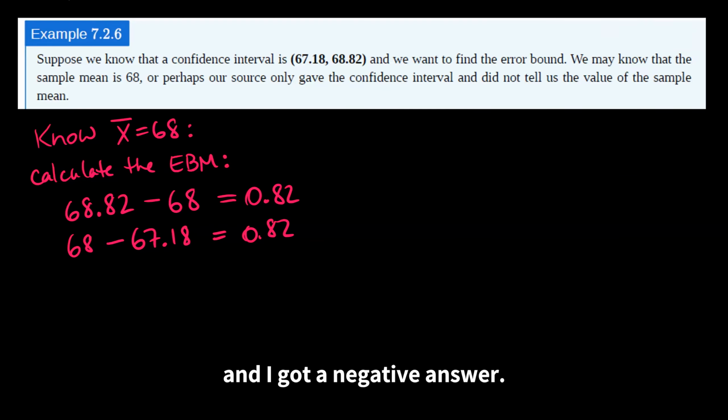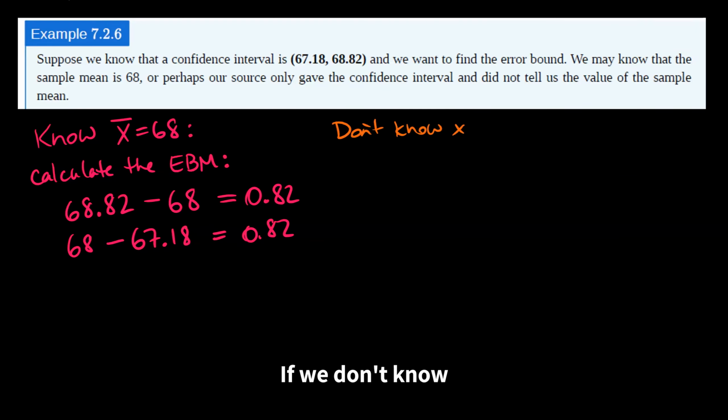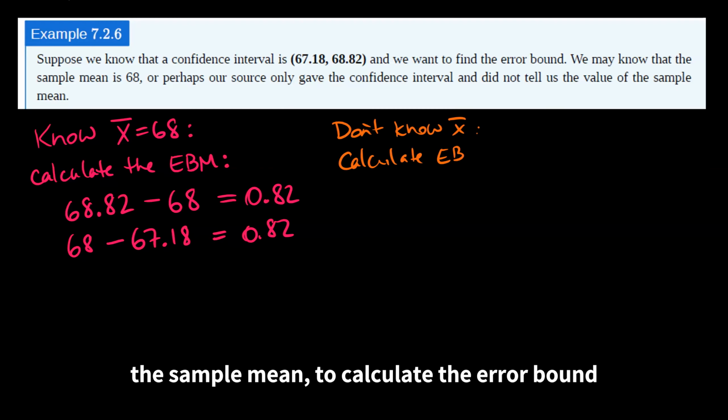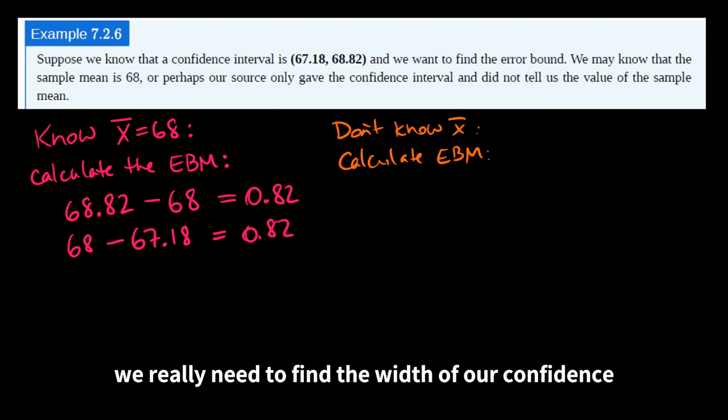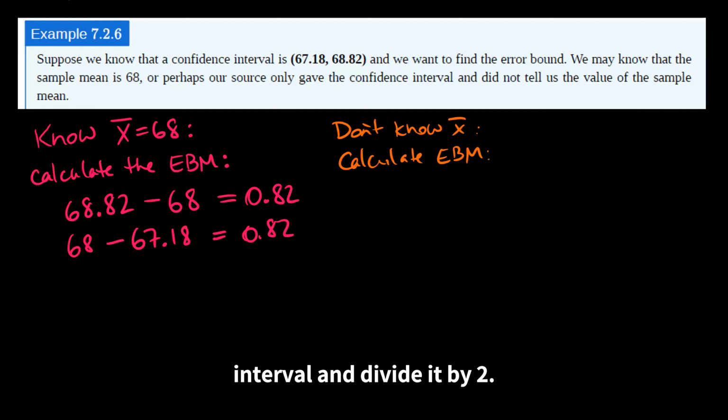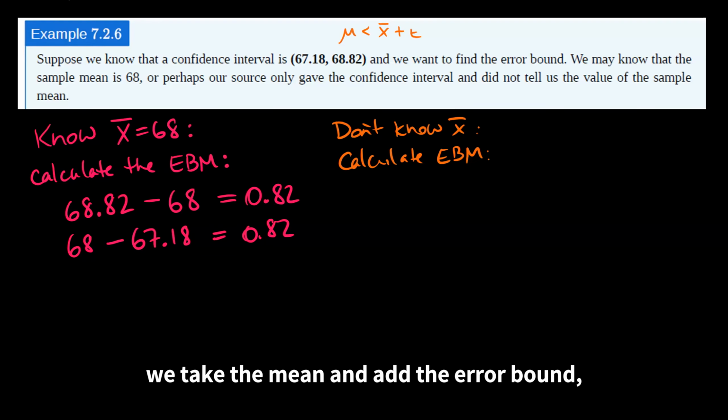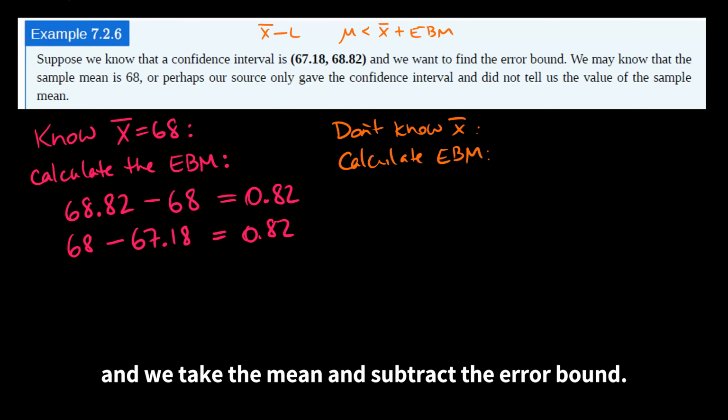If we don't know the sample mean, to calculate the error bound, we really need to find the width of our confidence interval and divide it by 2. Remember that in our structure for our confidence interval, we take the mean and add the error bound, and we take the mean and subtract the error bound.